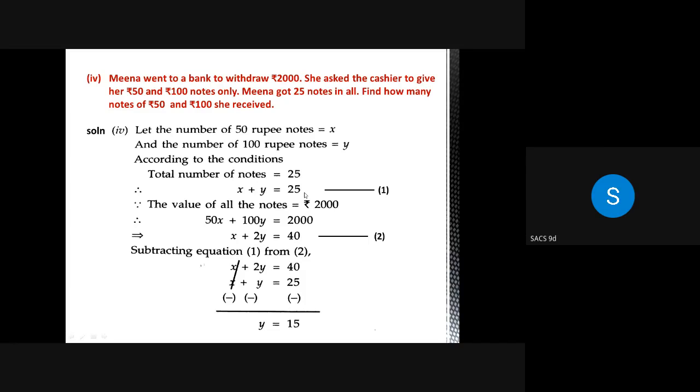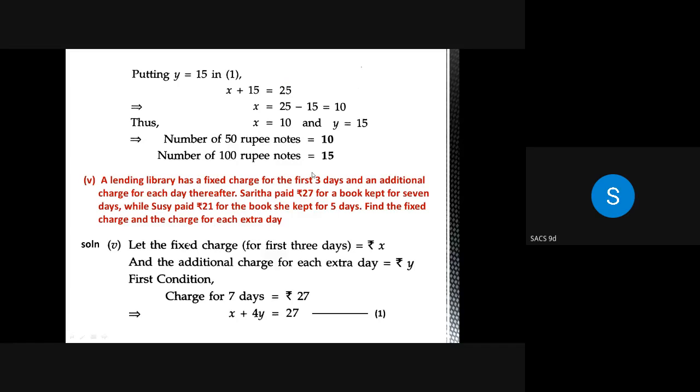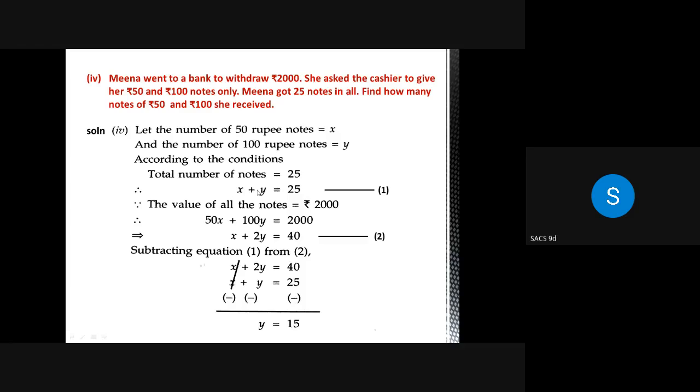Now the value of the notes together is 2000 rupees. Now to find value, I need to multiply the number of notes with its value. That means if I have 5 notes of rupees 50, the value of the notes will be 5 multiplied by 50.